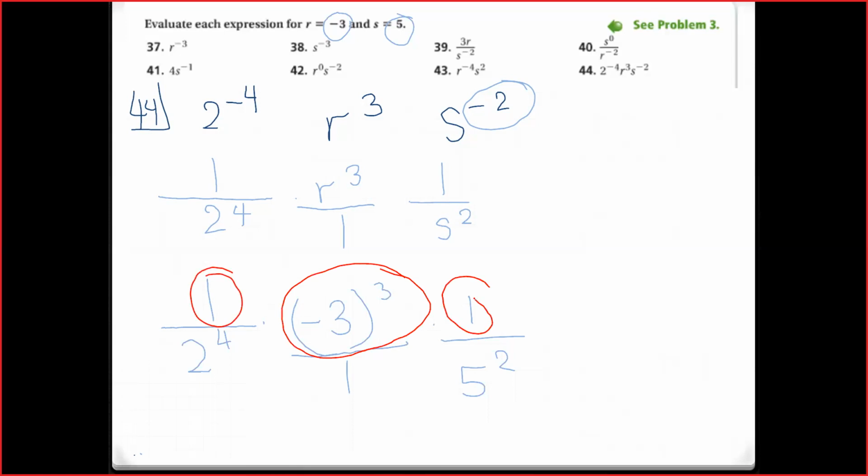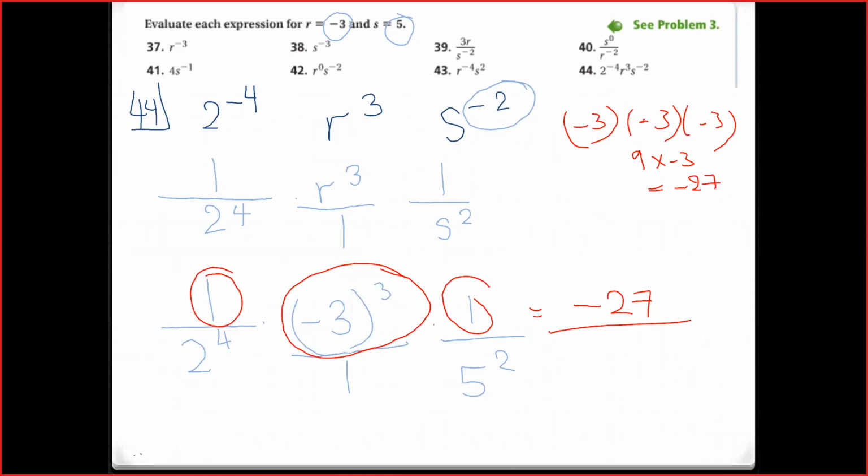Negative 3 cubed is what? Is it negative 3 multiplied by negative 3 multiplied by negative 3? Negative 3 multiplied by negative 3, positive 9. Multiplied by negative 3, it will be negative 27. So in the numerator, I have to write negative 27.